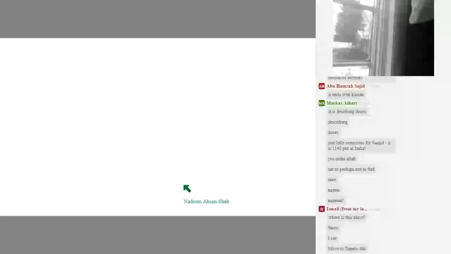In order to complete the meaning of a word, to complete the meaning of a sentence, you need to add meaning. So here we have two words. The first is known as mubtada, which means the entry word, the word that you start with.